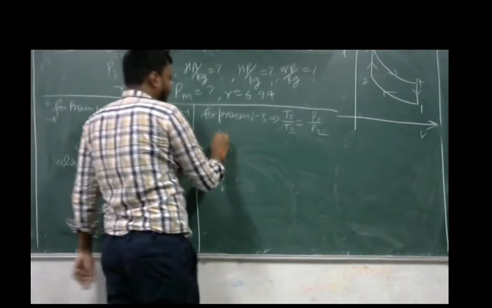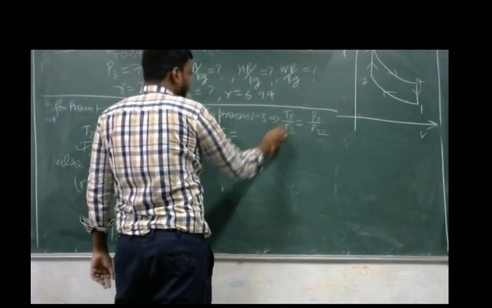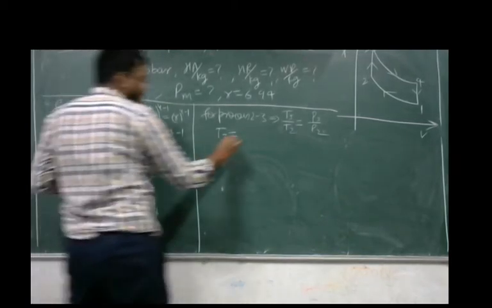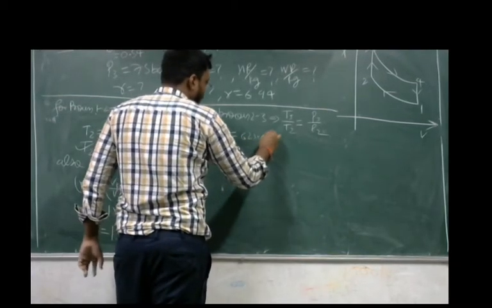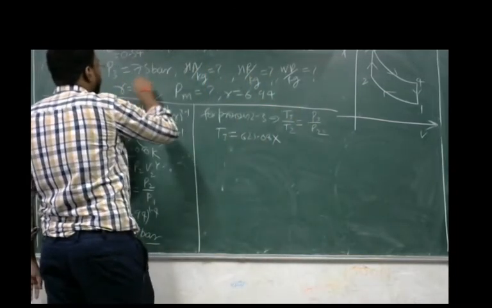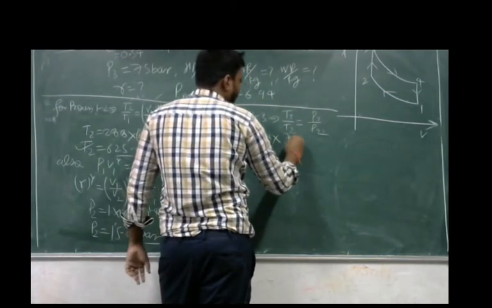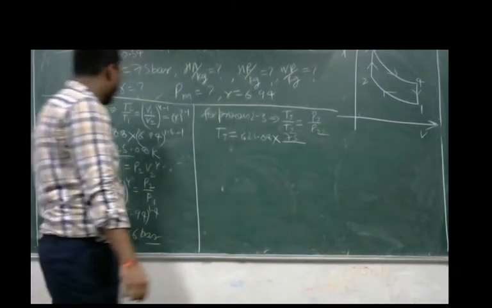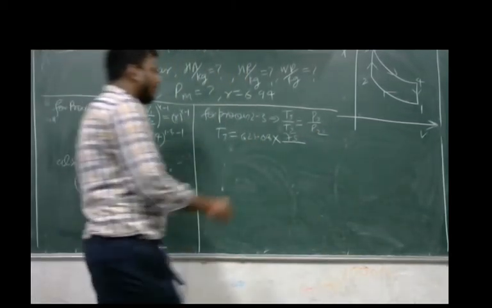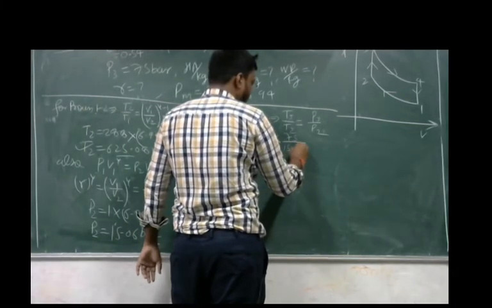So we get T3 equal to T2 into P3 by P2, so 625.08 Kelvin into P3, which is given in the question, 75 bar, divided by P2, which we have calculated, 15.06 bar.